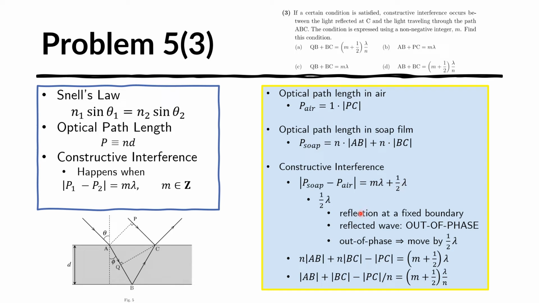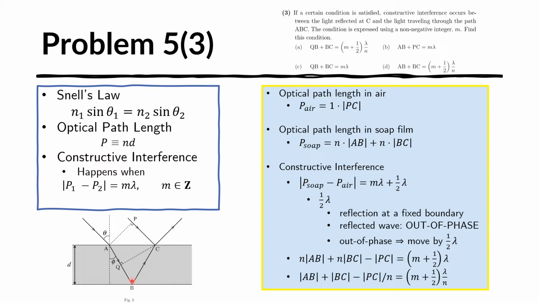This is because when reflecting off a fixed boundary, the wave becomes out of phase. And the way we make it out of phase is to shift it by 1/2 of its original wavelength. And that is why we add this term here.